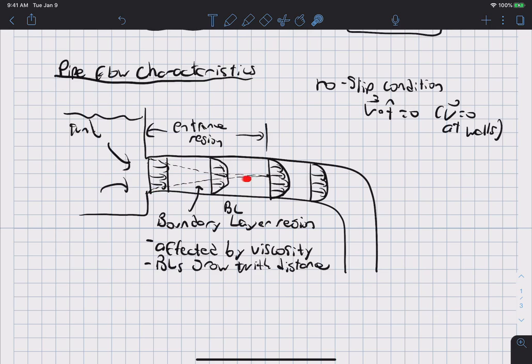and the boundary layer from the top eventually merges with the boundary layer from the bottom, and at that point, the velocity profile doesn't change anymore, and so it does not depend on x. So here the velocity profile is the same here as it is here, and so this region is called the fully developed region.